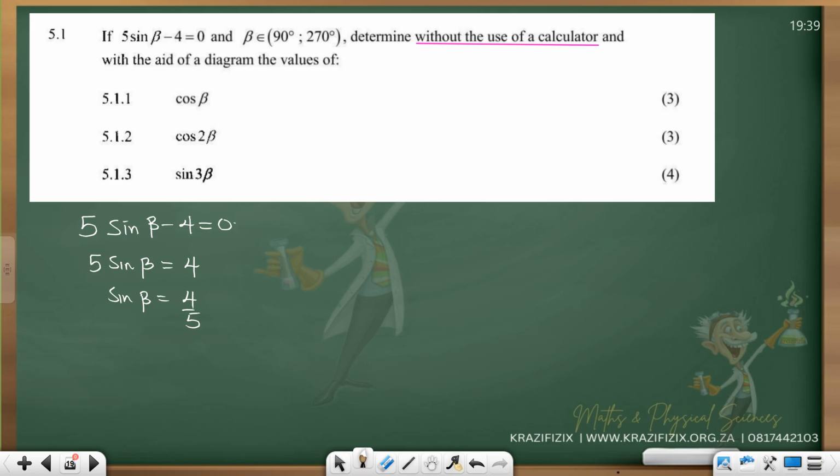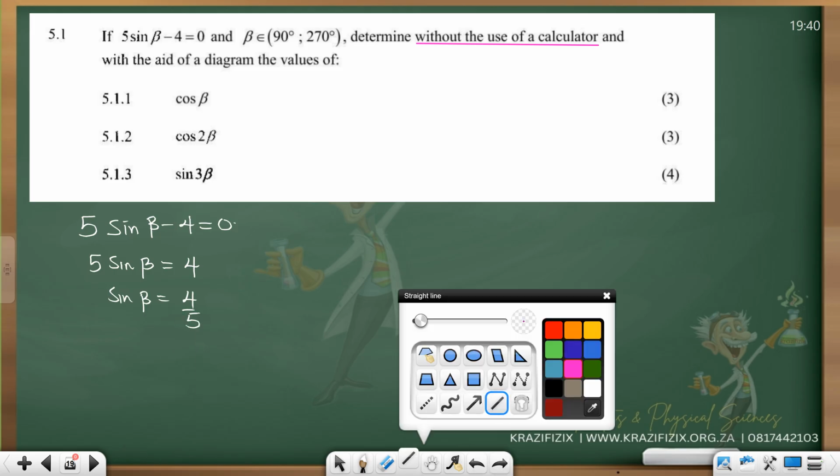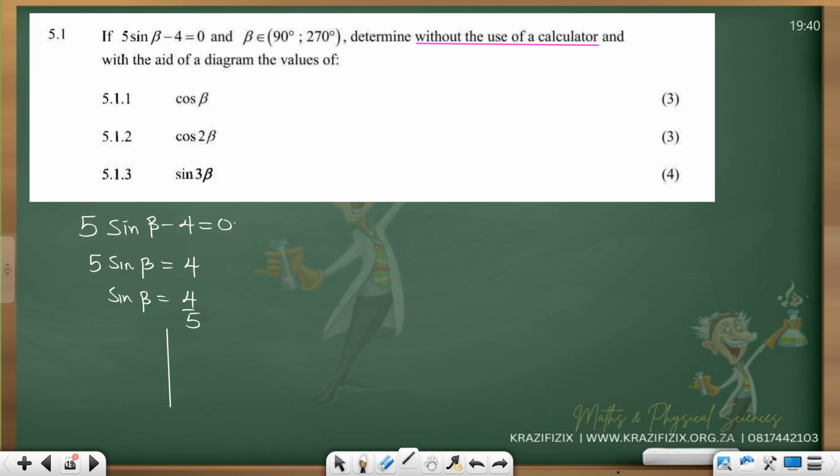Now, what I'm going to look at here is that sine is positive. Where is sine positive? Quadrant 1 and 2. So I'm going to quickly try to draw. Please don't draw something very tiny. It's part of your work. Quadrant 1 and quadrant 2.